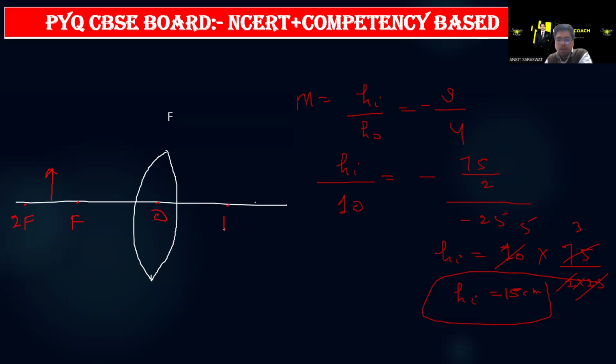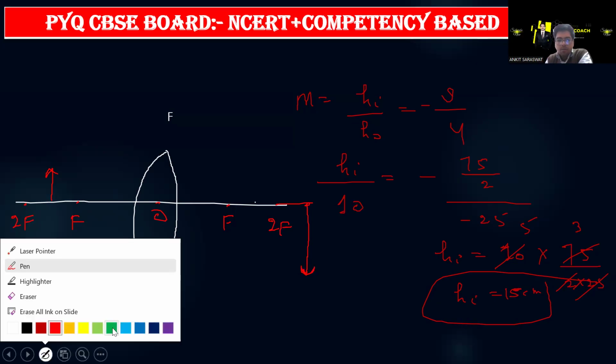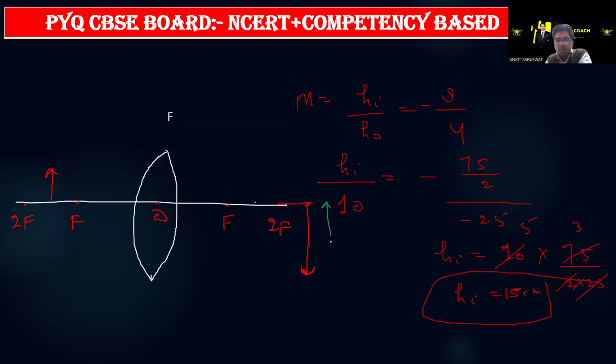We know that the image is beyond 2F, here. So I draw the image. It is magnified, the size of image is more than the size of object: the image is 15 and the height of object is 10. Is it okay? So you can easily draw like this.